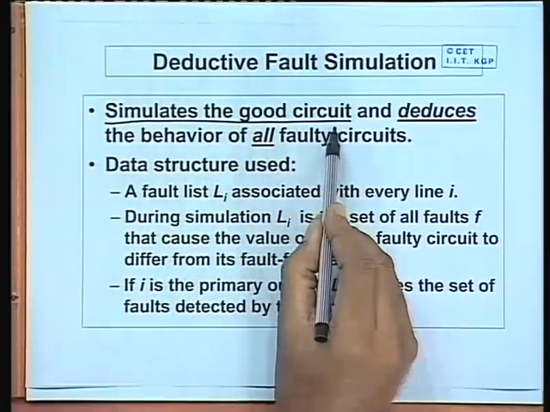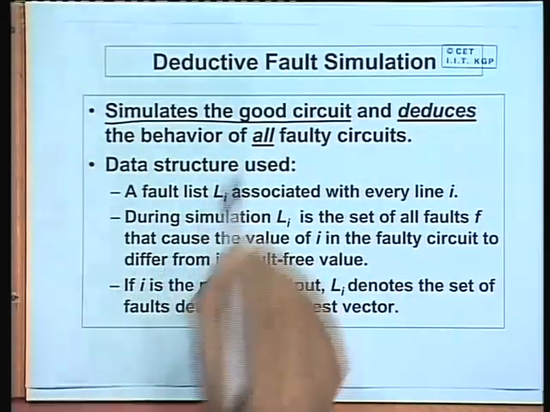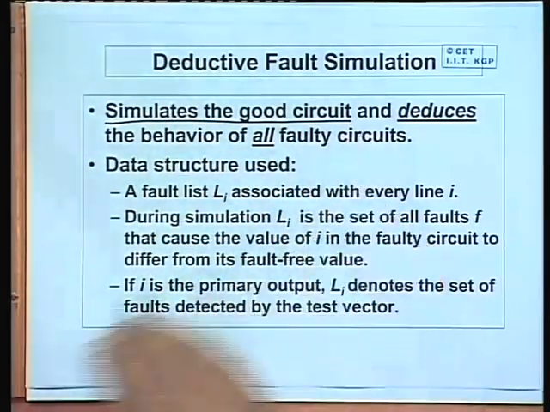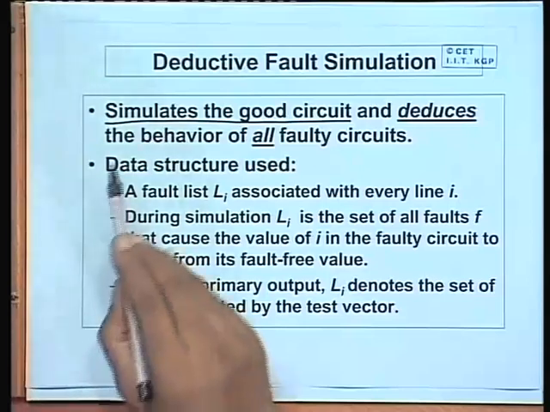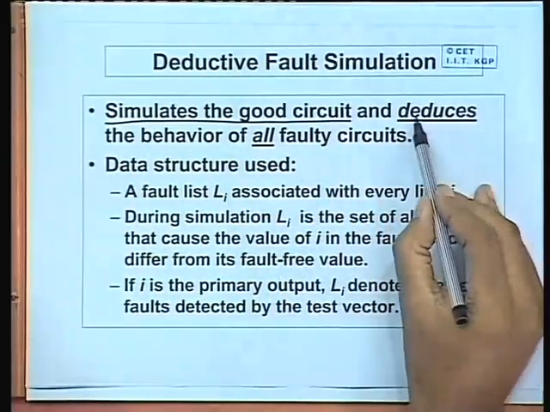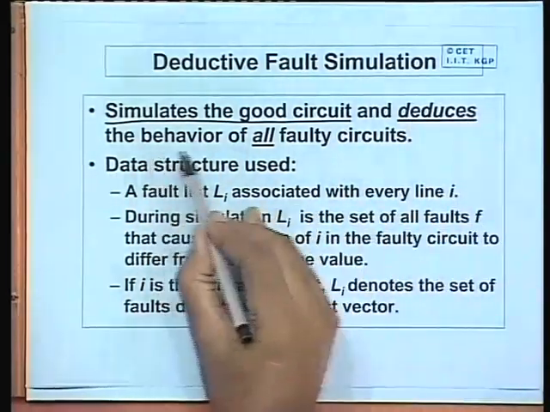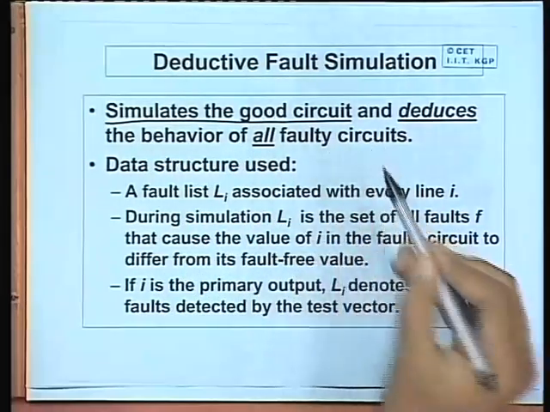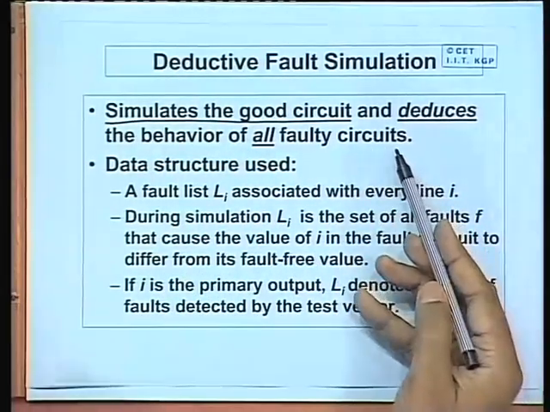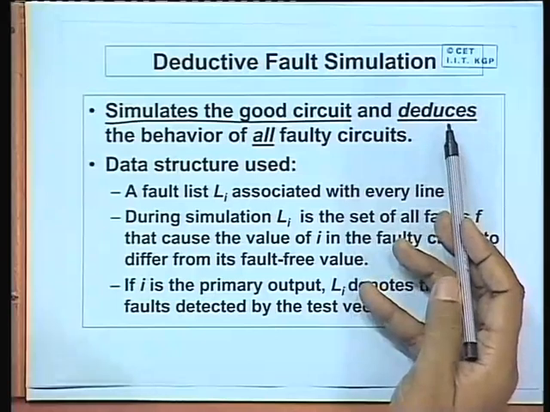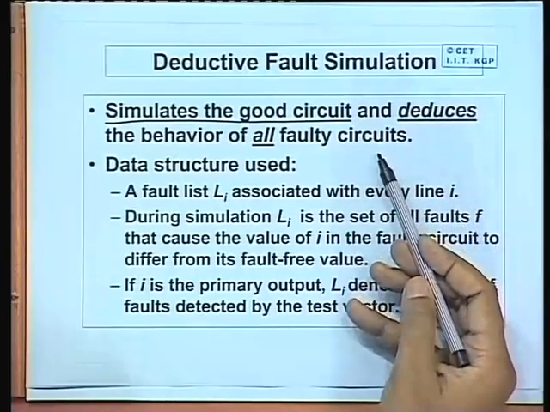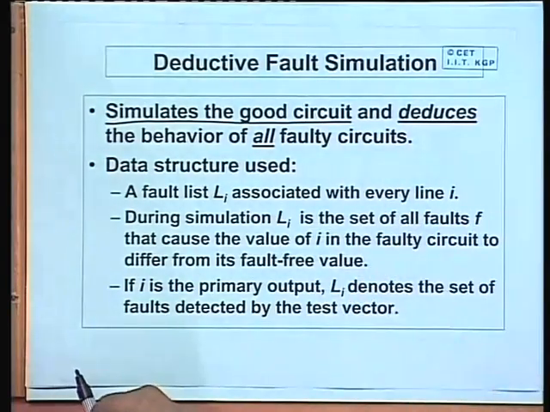When you simulate the good circuit, you know the fault free logic value in all the lines of the circuit. From that, you try to deduce the behavior of all faulty circuits, and in the process you also try to deduce the different faults that may get detected.